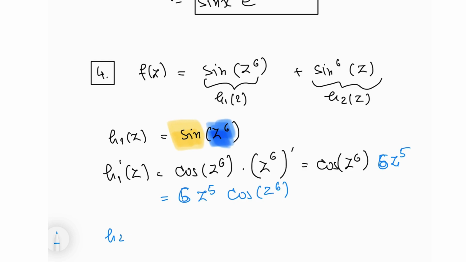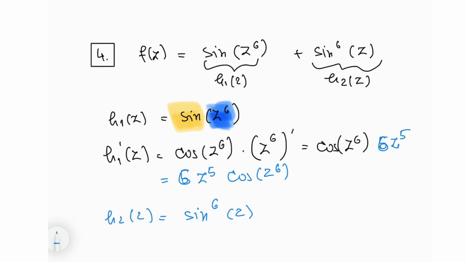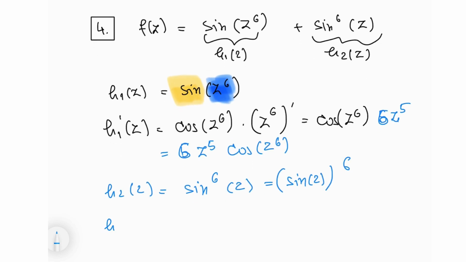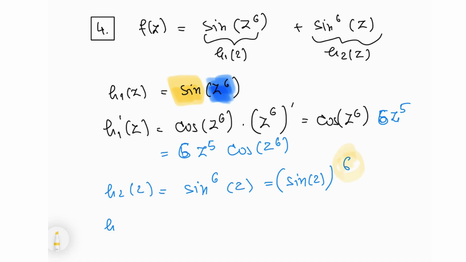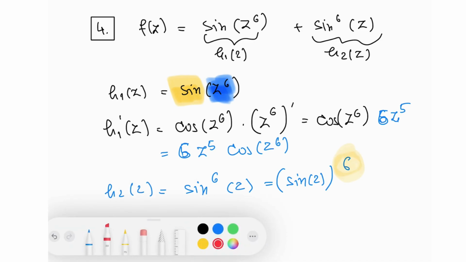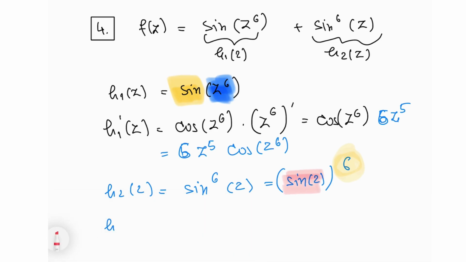Now h2 of z is sine to the power 6 of z, which you can write as sine of z and then everything to the power 6. Now the outside function is the power 6, and the function which is inside is sine z.